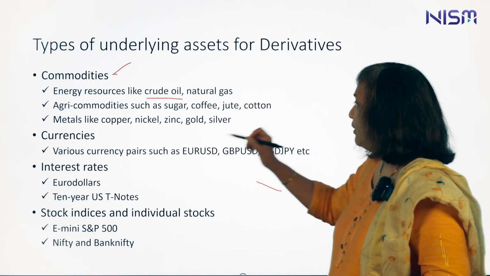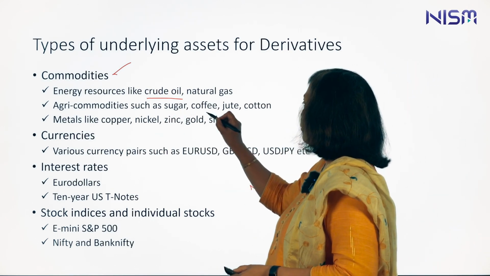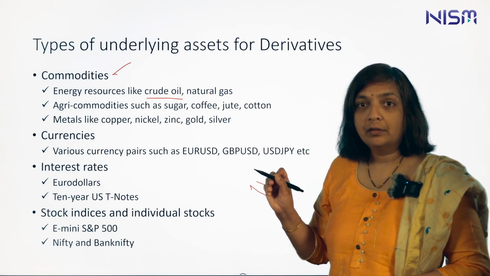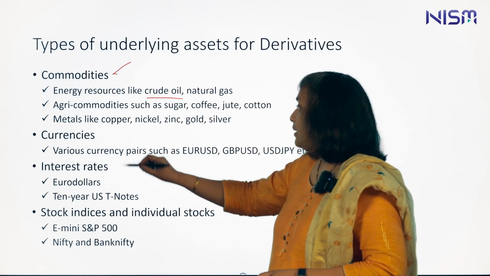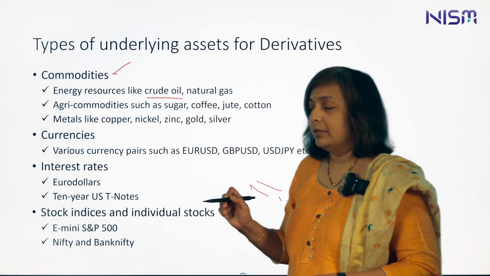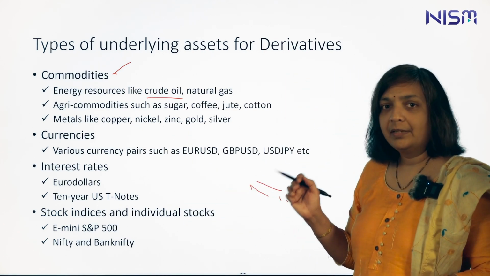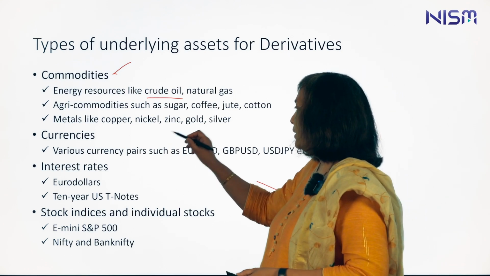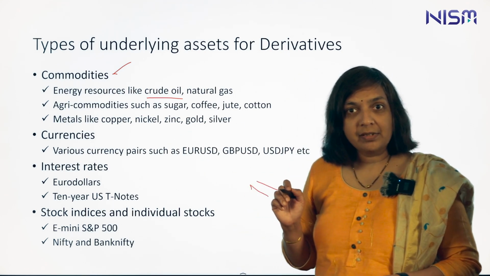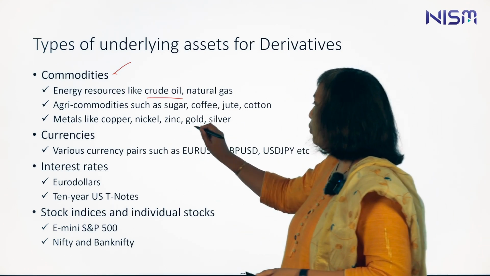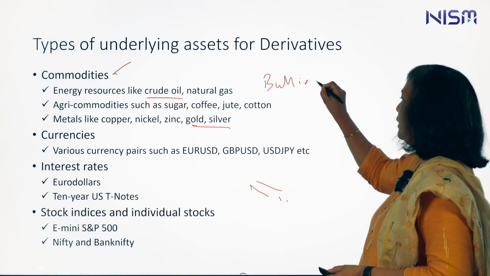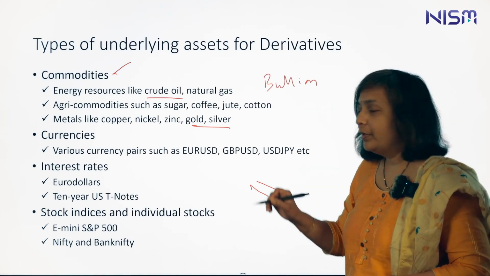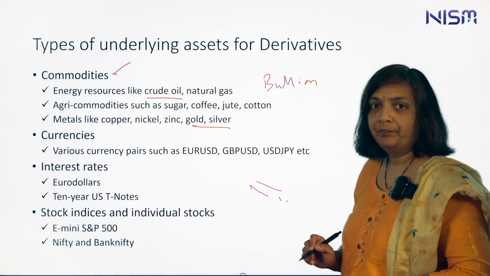We also have derivatives on agri commodities like sugar, coffee, jute, cotton, cocoa as well. And then we have contracts on base metals. What are base metals? Metals like copper, zinc, nickel, these are called base metals. And we also have contracts on bullion. What is bullion? Typically gold, silver. So we have contracts based on bullion.